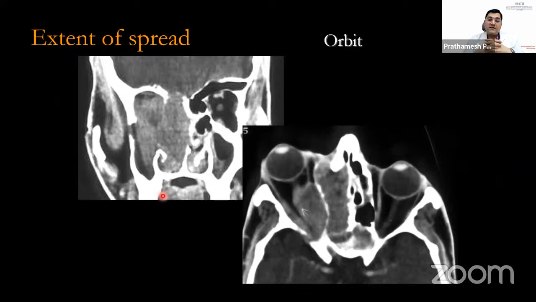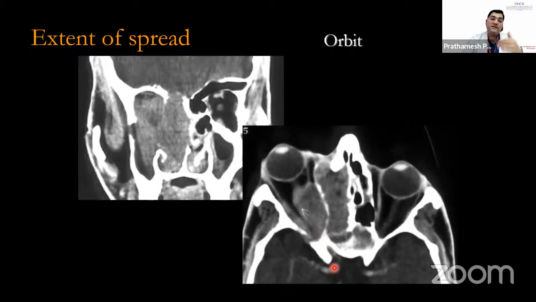On the other hand, when there is an image like this, you know that not only has it breached the orbit, it has gone posterior and is coming at the orbital apex. What it means is that at the orbital apex, when you are resecting, you might have disease coming onto the cavernous sinus.